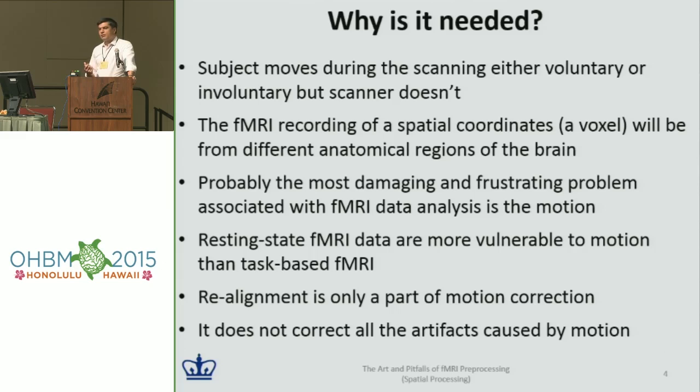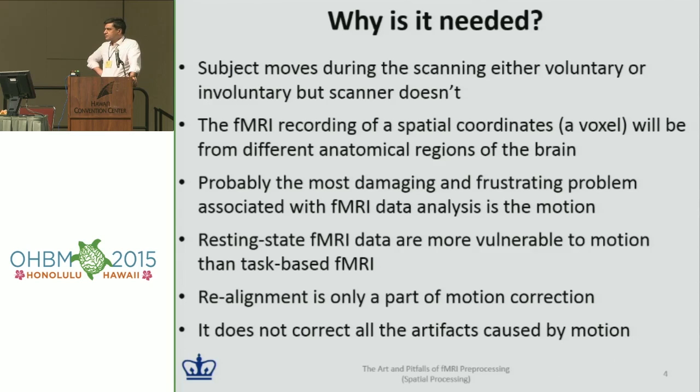Therefore, you need to somehow correct these things. Probably it's the most damaging and frustrating problem associated with fMRI data because we still don't know how to solve it. Resting data are much more vulnerable to it, and I'll talk about why.